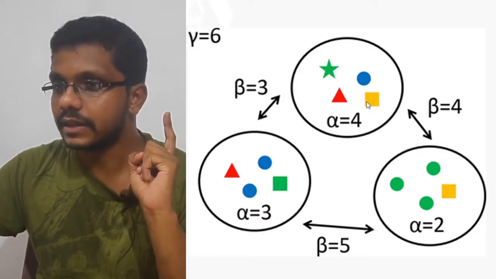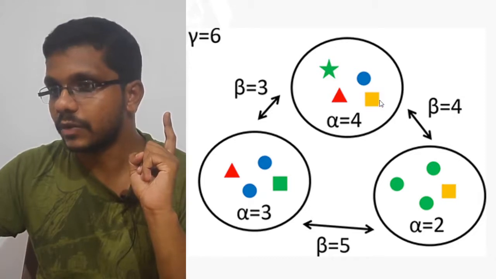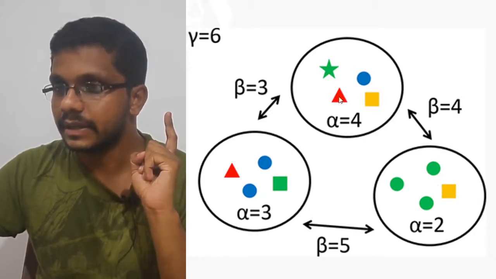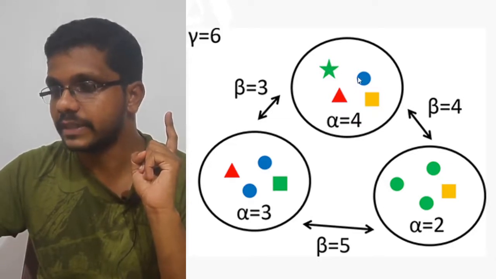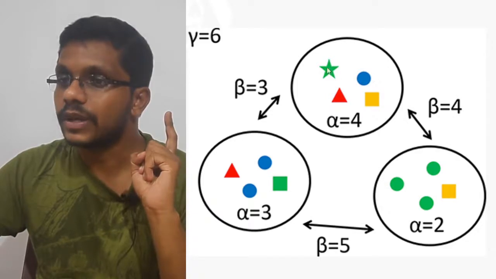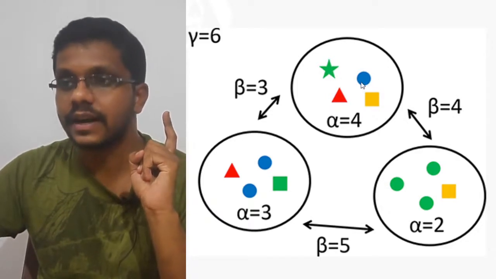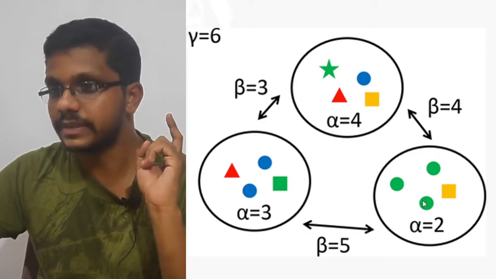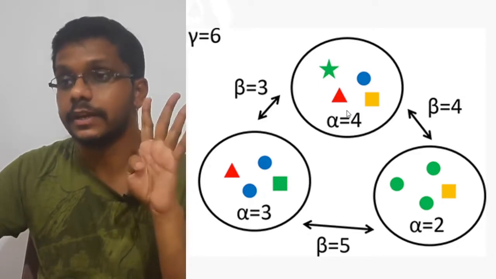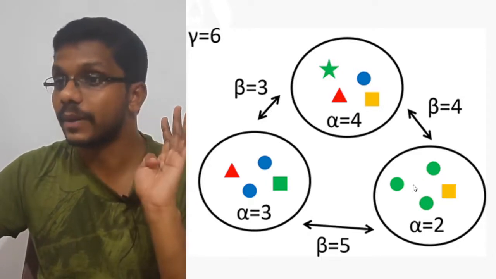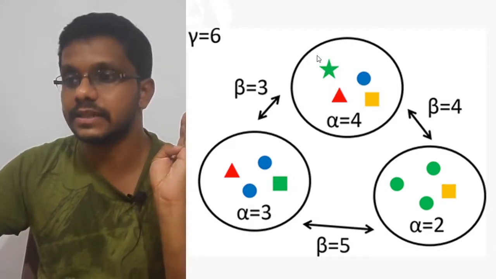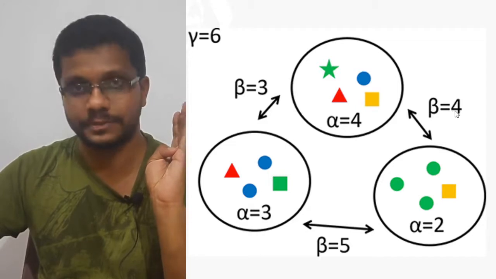Out of that, the yellow cube is here and here, but these three, the star, triangle and the blue sphere, are only present here. So these three are also unique species. So here we have one unique species, here we have three unique species. In total, when comparing these two communities, we have four unique species. So the beta diversity between these two communities is 4.